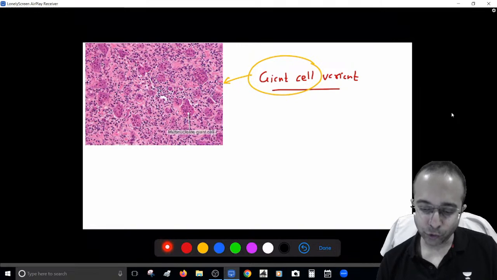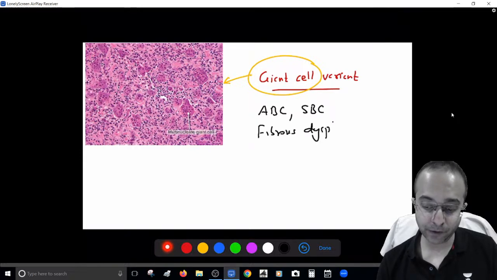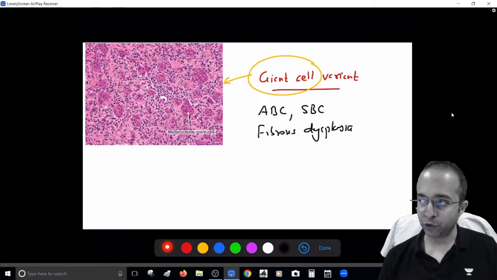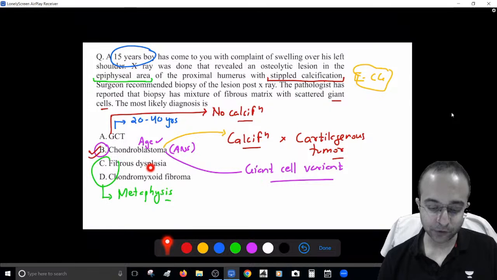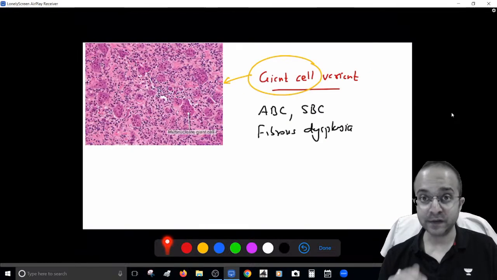There are some other tumors also that can have giant cells on the biopsy: aneurysmal bone cyst, simple bone cyst, fibrous dysplasia. So even in fibrous dysplasia you can have giant cells on the biopsy, and perhaps that is why in this particular question the examiner had kept fibrous dysplasia as one of the options, because this is also a giant cell variant.